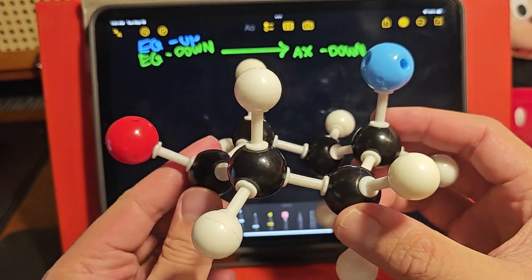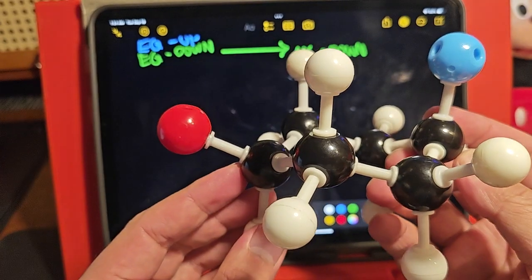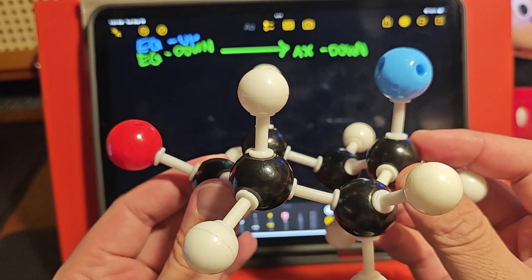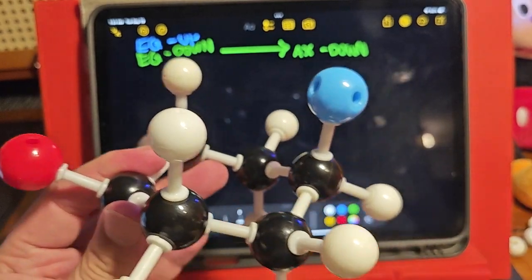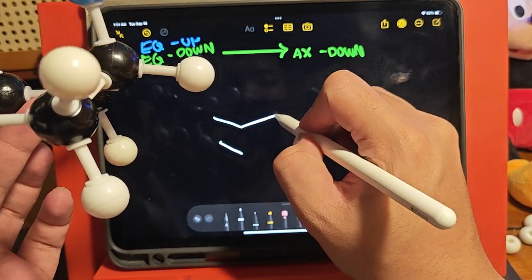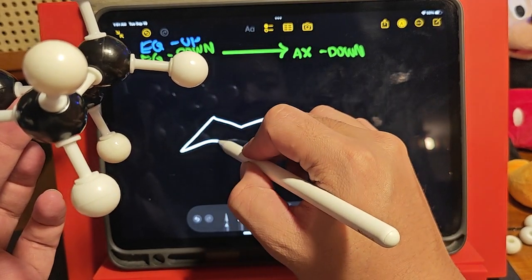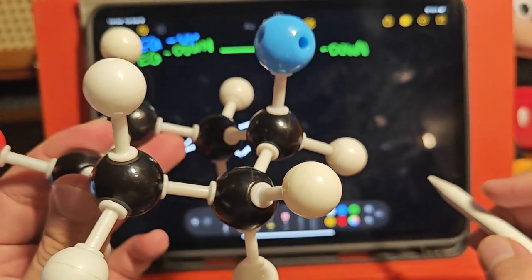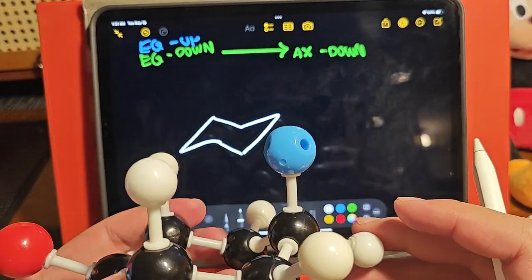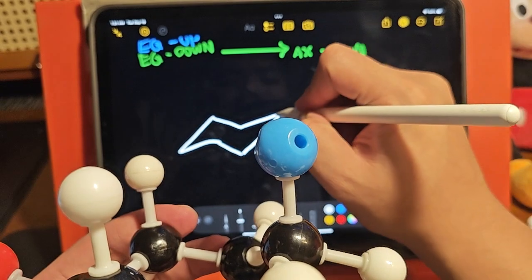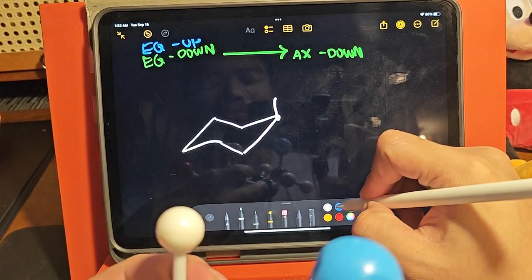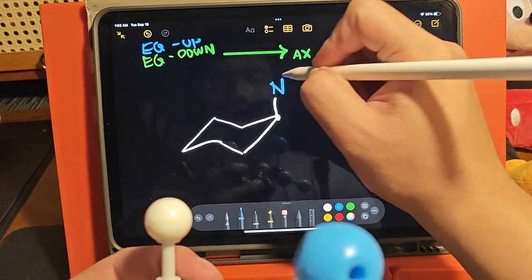Okay. So once you have this model, I want you to be able to draw this or turn this into a skeletal structure. Again, you'll have to start off with a chair, but this time maybe you'll avoid having your hydrogens shown. We know that on the headrest position, we have an axial up nitrogen.